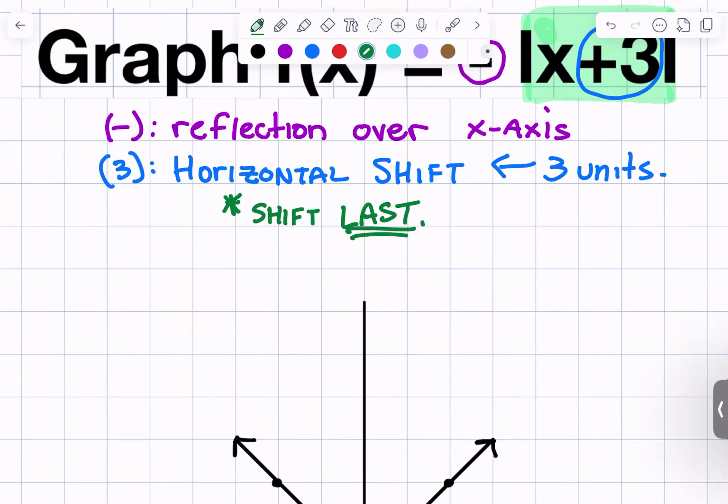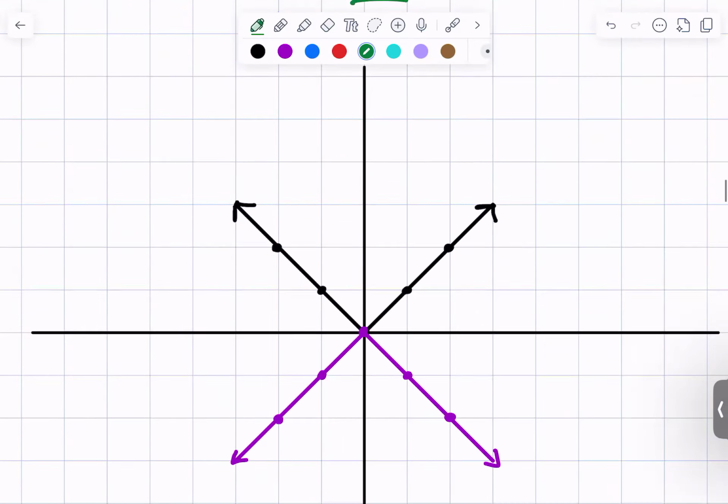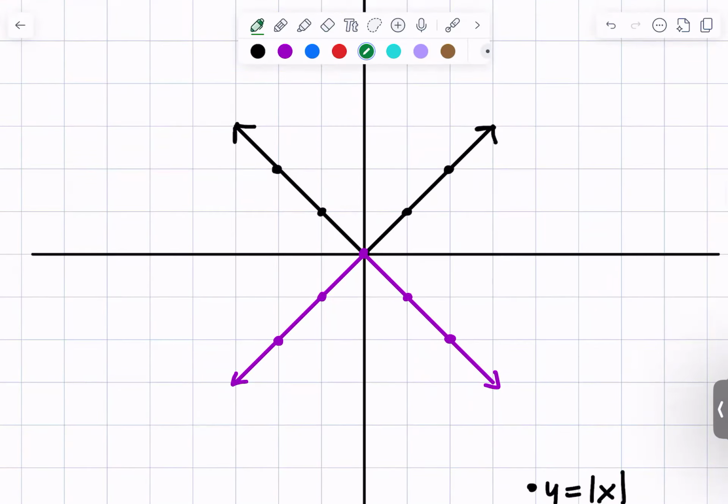Okay, we must shift it last. And the reason behind that, shifting it last, is because of that vertex. Whenever we stretch things out or compress things, I don't care if it's vertical or horizontal, or we reflect it, I don't care if it's over the x-axis or over the y-axis, my vertex stays put. That point right there, 0, 0, stays put, right?